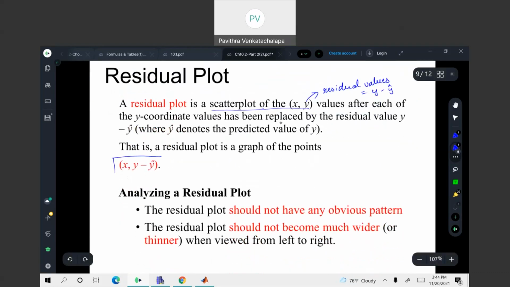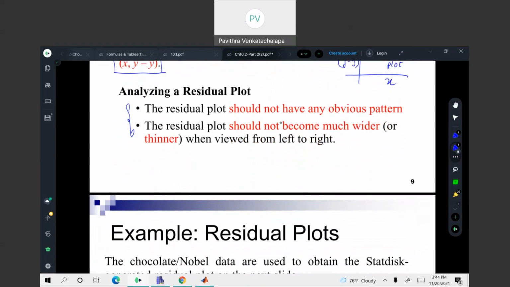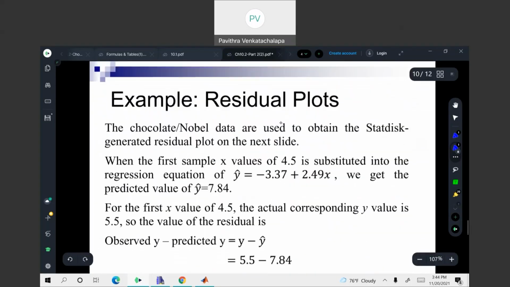Okay, so if you represent x and here you have residual points, that means this plot is called a residual plot. And we have a few properties of that here, and these points will tell you whether it's a good model or not. Okay, like we use a scatter plot to predict whether the model is good or not, we also use a residual plot for the same purpose.